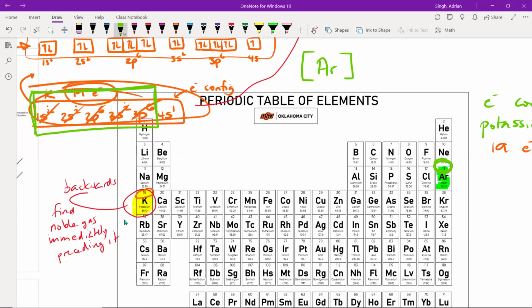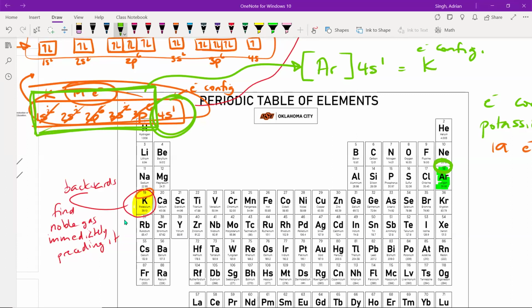Count them up, you'll see that they're 18. So by doing this, and again, this only works with the noble gases. It doesn't work with any of the other groups. I've accounted for 18 of those electrons. What's remaining then is the 4s1, and then I just write that right after it, like so. So this is the electron configuration for potassium.